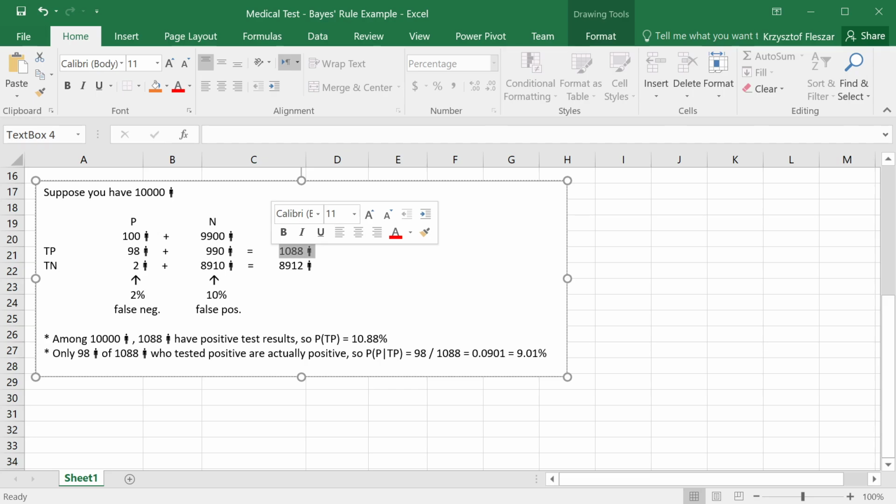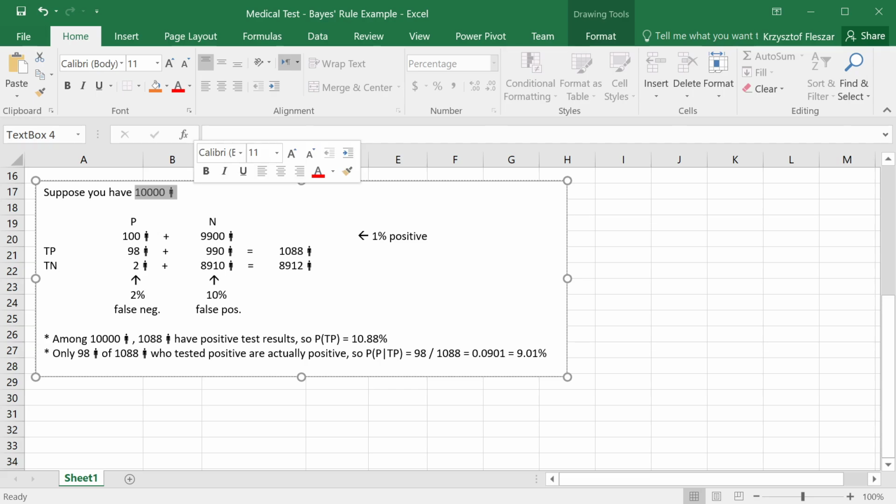And this is the reason why we calculated the probability of being tested positive as 10.88%, because 1,088 out of the original 10,000 is 10.88%.